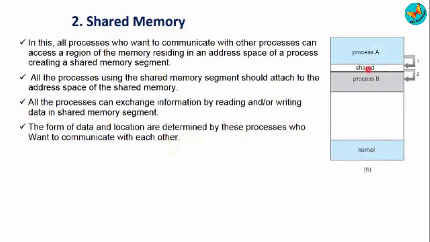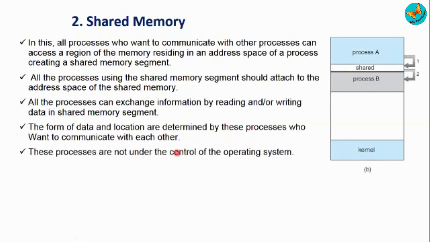Earlier the two processes communicated with the kernel, but here process A and process B will communicate among themselves, and the kernel is unaware of whatever sharing is going to take place. These processes are not under the control of the operating system, because the kernel is not involved here. So who is responsible for this data sharing? Both the processes, process A and process B, are responsible for the communication.